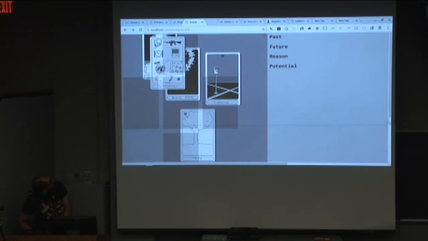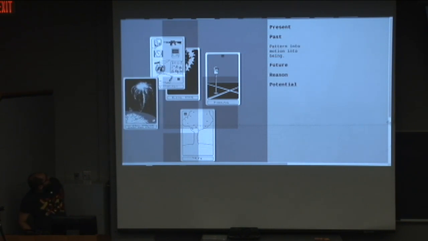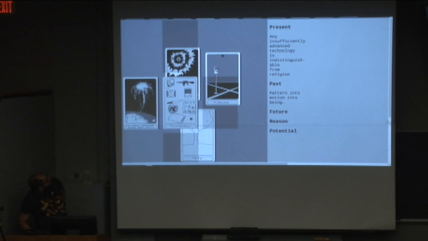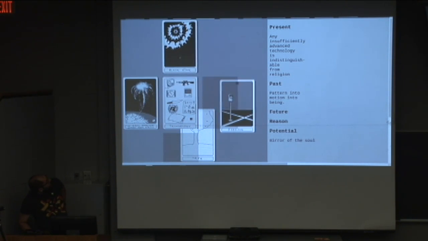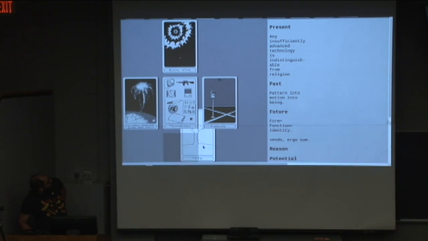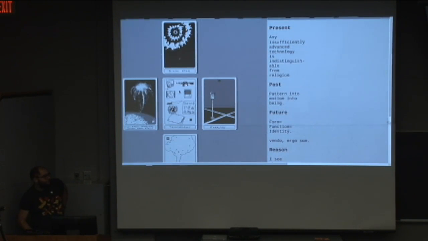I don't know why it's not full screening, but, oh, there we go, okay. What this does is it uses a basic cross layout that you might use for a tarot reading. It gives you 5 cards to begin with, and you can lay them out in here. And then it puts them all into a tarot reading for you.